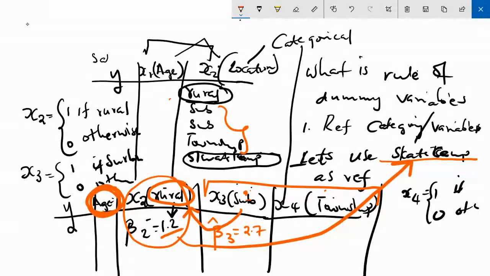Now, can I please go back to age? Assuming the beta for age is 3, how will you interpret beta 1? Holding the effect of location constant.